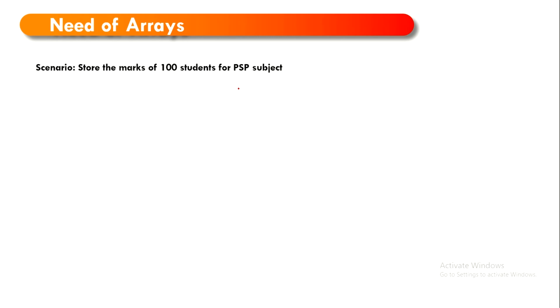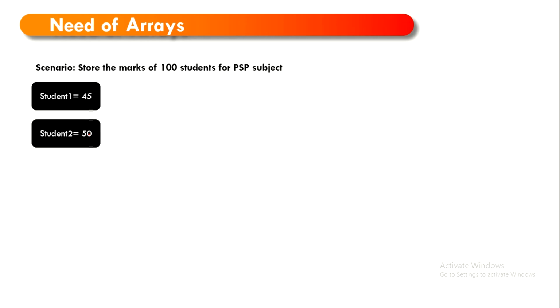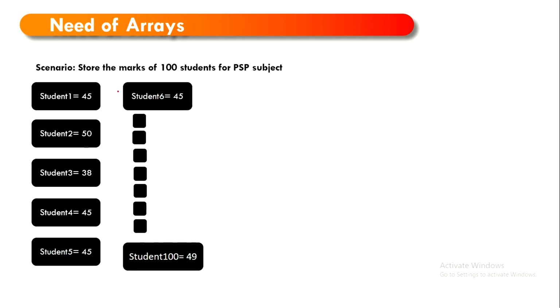If we want to store 100 students' marks, we need to define one variable called student1 and assign the subject marks, for example, say 45. Now student 2 has scored 50. Now student 3 has scored 38. Likewise, we need to have 100 different variables to store the marks of 100 students. So this is practically very wrong to do it this way.